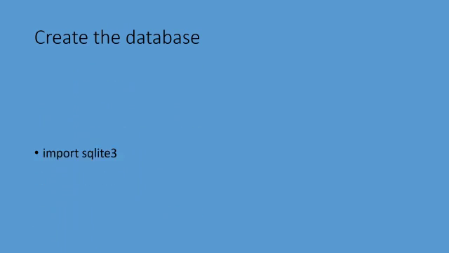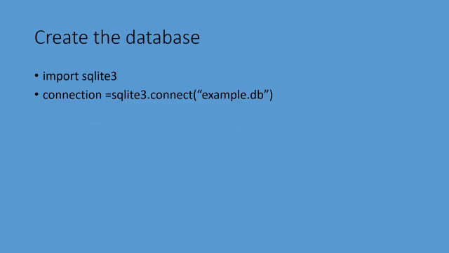Next, how to create the database. Very simple. Initially, in a DBMS, the very first work is how to create the database. For that, how can you create it? Now we'll see. import sqlite3, connection is equal to sqlite3.connect, example.db, which is nothing but the example database.